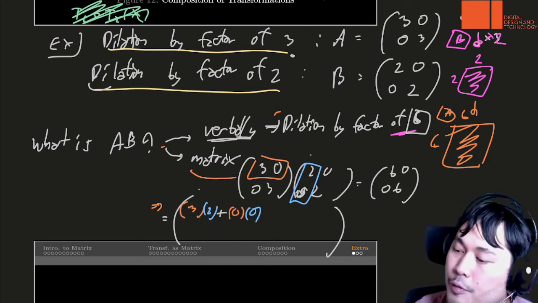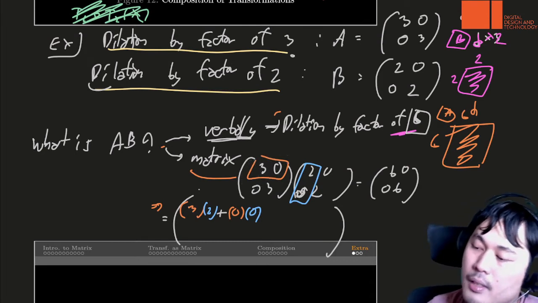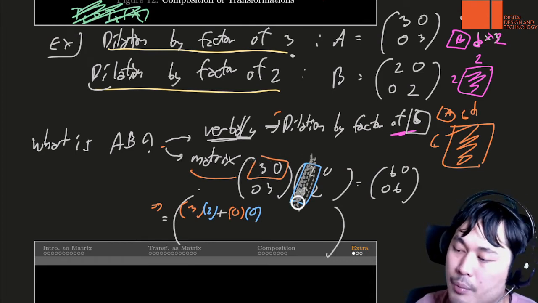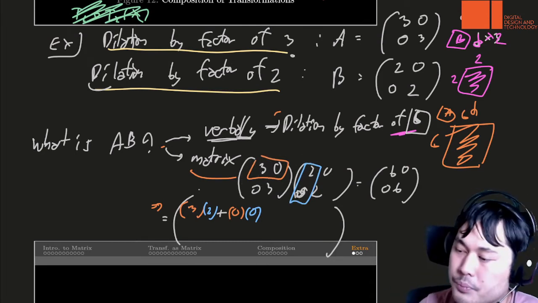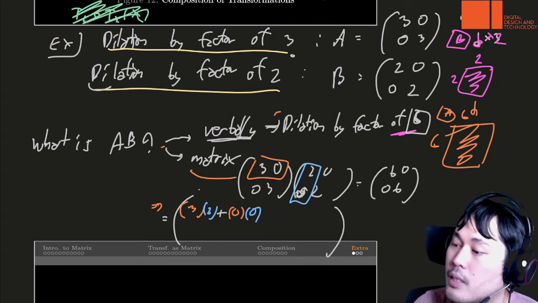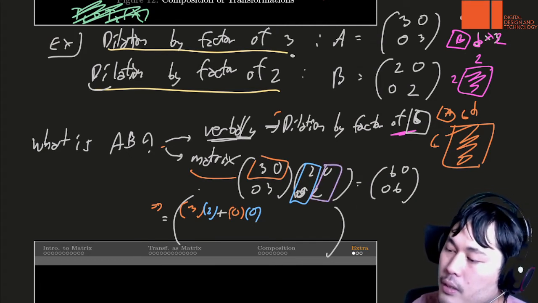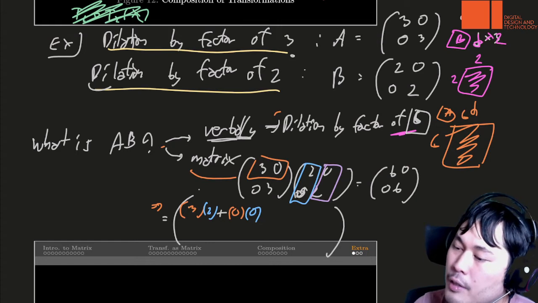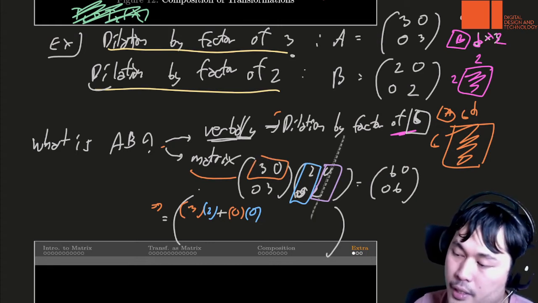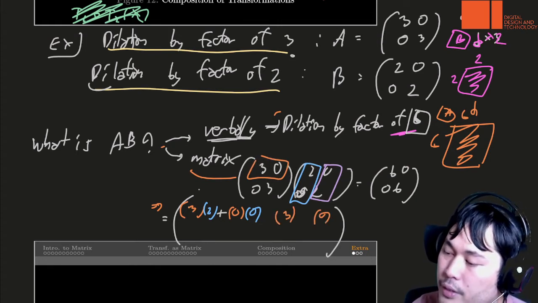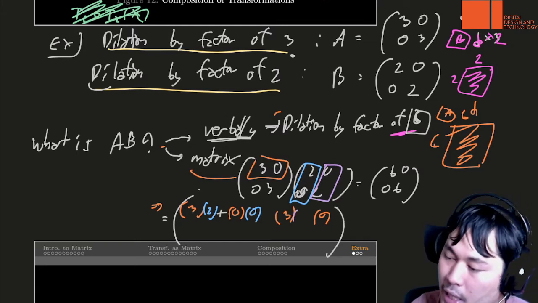Then you get it from the first row of the first matrix with the first column of the second matrix. And then we continue with the next one, which is the first row and then second column. We have 3, 0. But now we have 0 and 2.